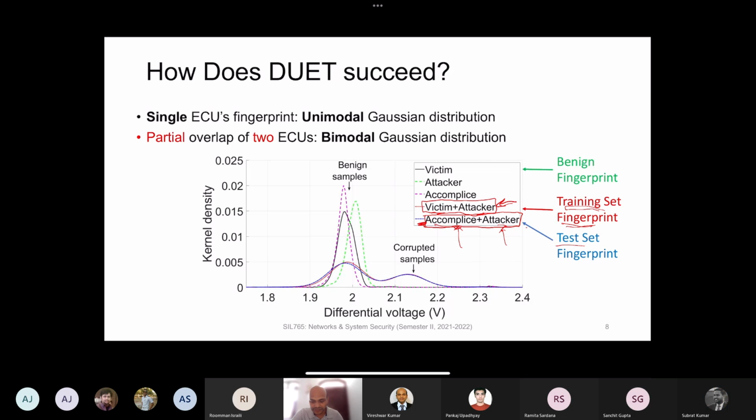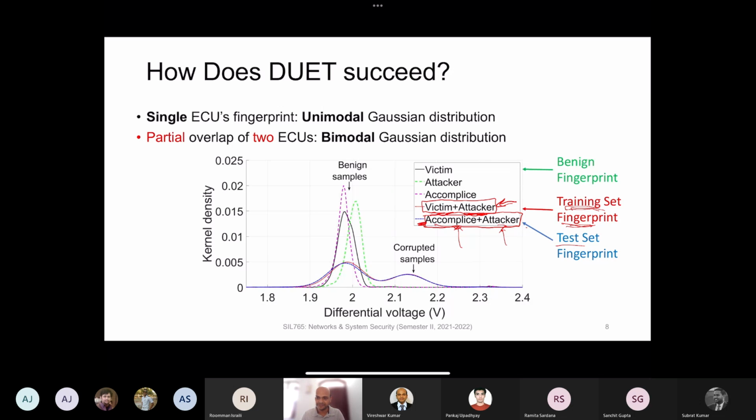Okay, so what I'm saying is that during the training phase, the victim's voltage samples were corrupted by the attacker. That happened during the adversarial attack part where we are trying to do this training set poisoning. The attacker actually corrupts the voltage values of the victim.